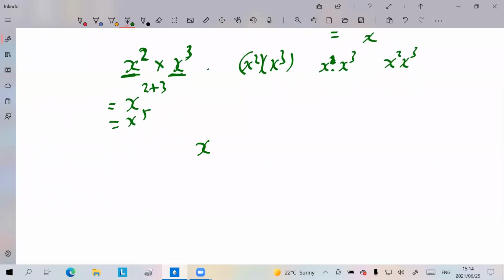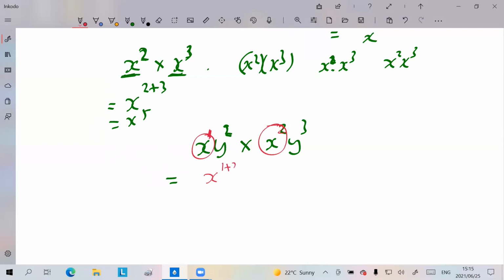If I do another example, x, y squared times x to the power 2, y to the power 3. Let's say I ask you to do this. Now, there's your one x, there's your other x. Write down the x, because you're multiplying, the base is the same, and you add the exponents. You've got 2 here, there's no exponent. Whenever there's no exponent, you put down 1.